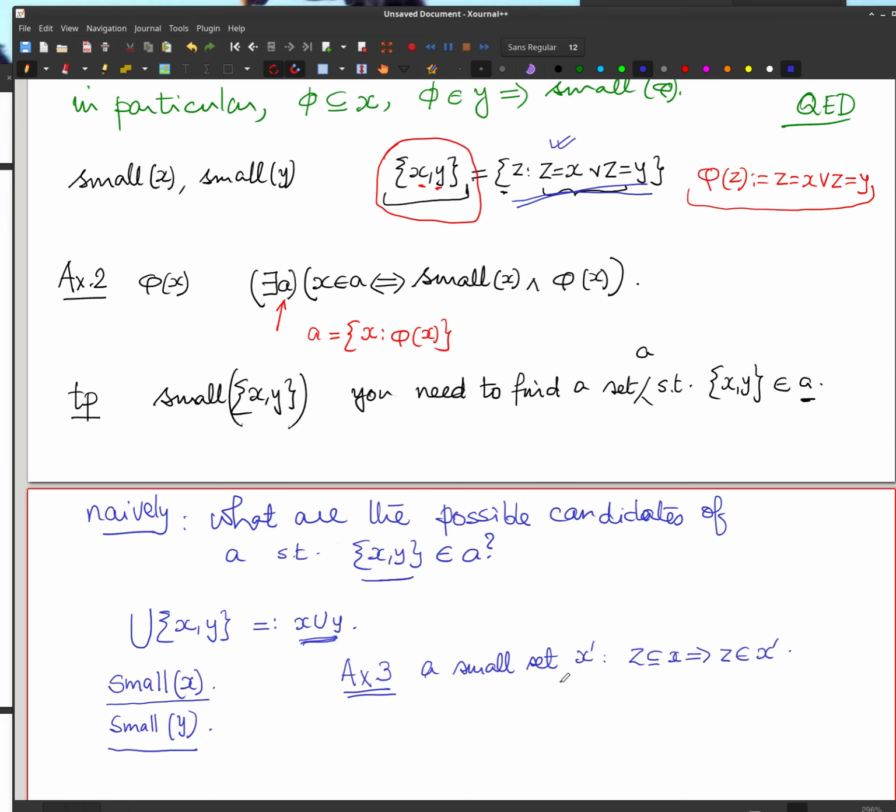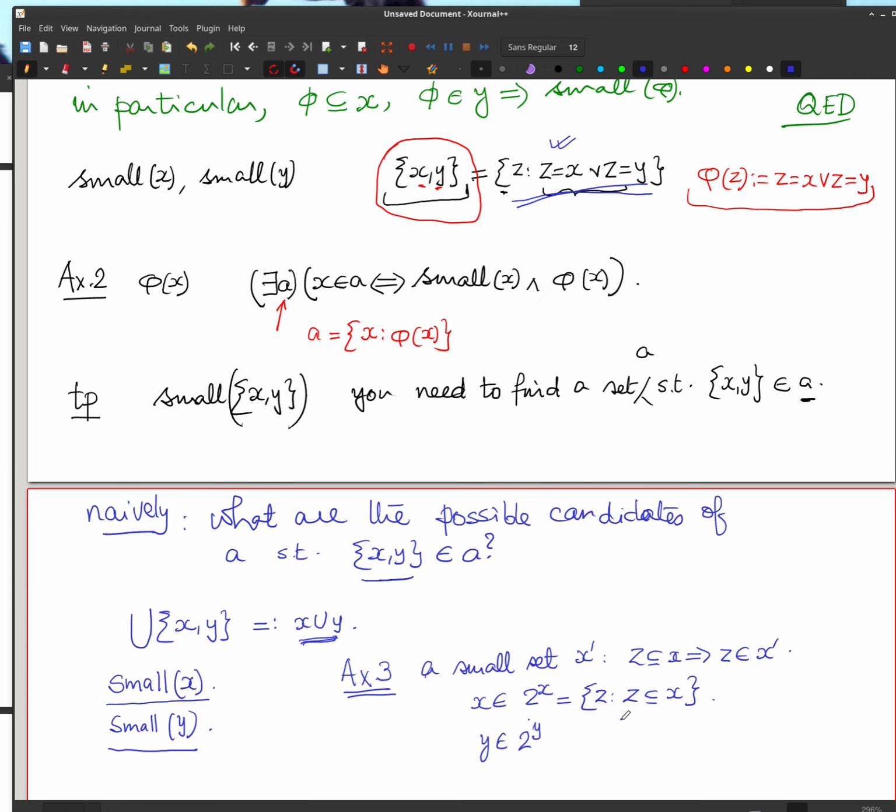So using Axiom 3 and the axiom for set building, I can make the set 2 to the power x. This is the set of all z such that z is a subset of x, so it is the power set of x. I still don't know whether 2 to the power x is a small set or not, but I know that this set exists. And x is a member of this set. Similarly, y is a member of this set.